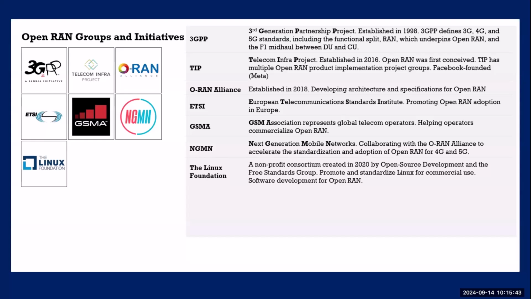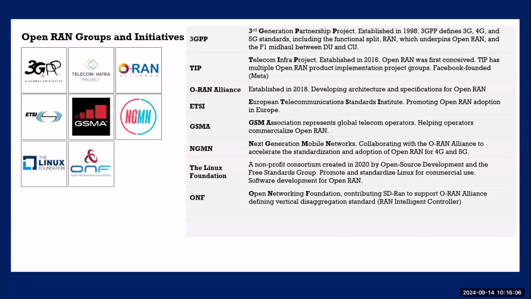Of course, the Linux Foundation. So they are a non-profit consortium created in 2020, bata pa, diba? By open source development and free standards group. So they promote and standardize Linux for commercial use. So it's a software development for Open RAN. Okay.